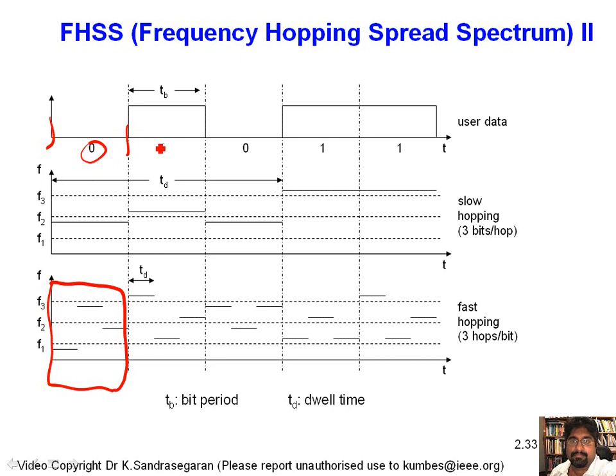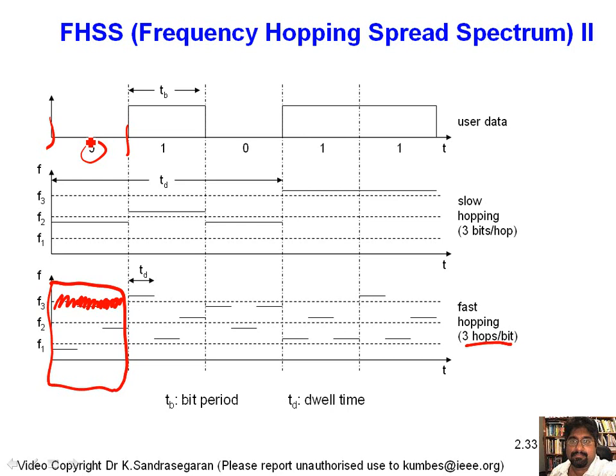So you are doing 3 frequency hops for every binary bit that you're transmitting. Even if there was frequency selective fading and this frequency was wiped out in that time interval, you still have the same information being transmitted at frequency F1 and F2 within that bit interval, and you can recover the original signal from that.